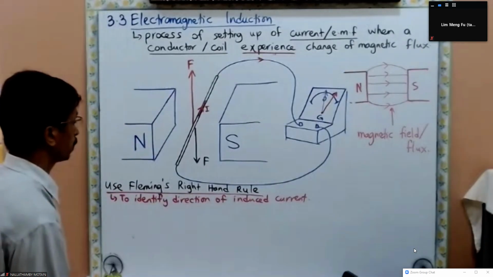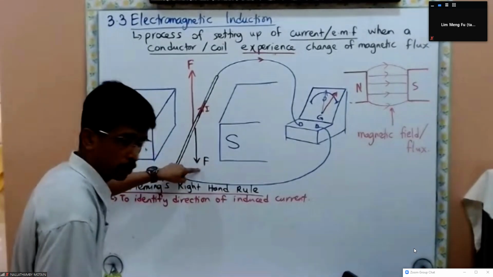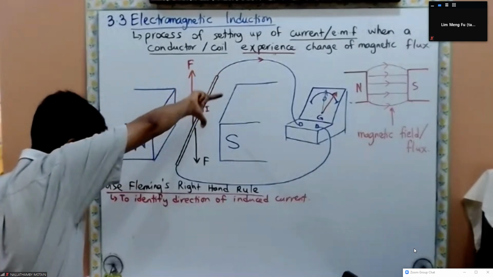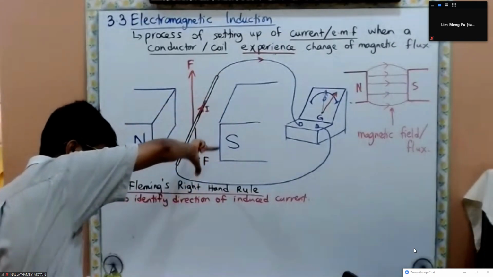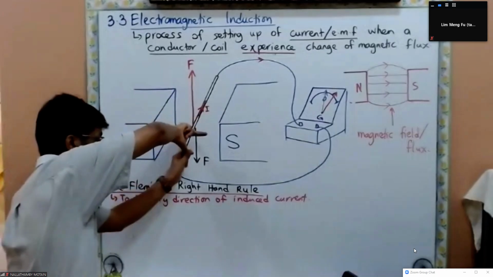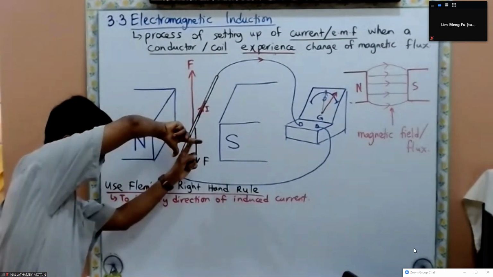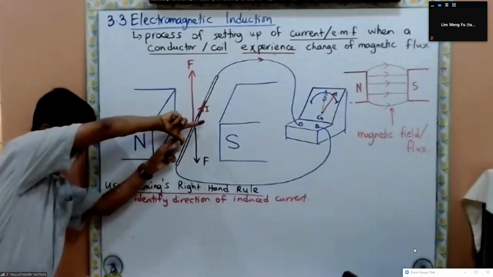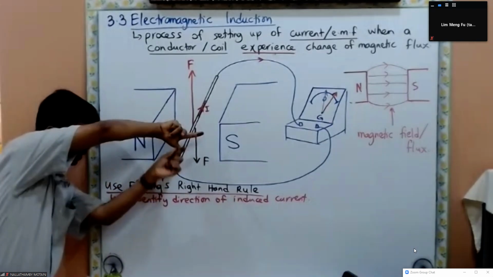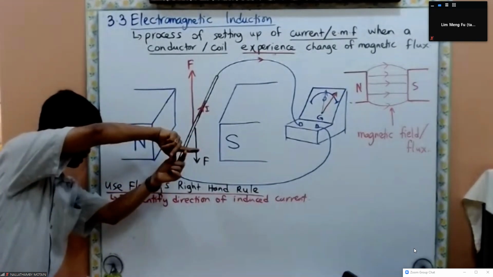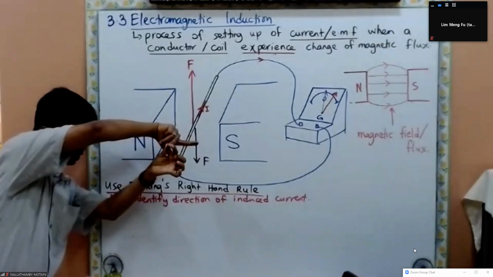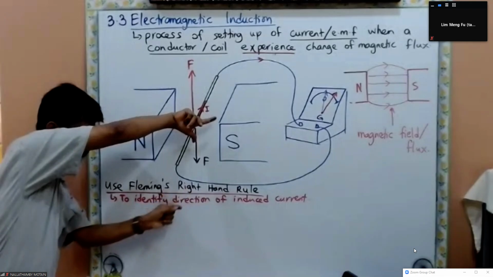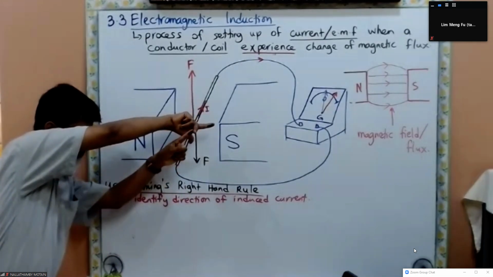So if the conductor is being moved downward, let's check using the right hand. Force downward, magnetic field to the south, and then this finger, can you see it?